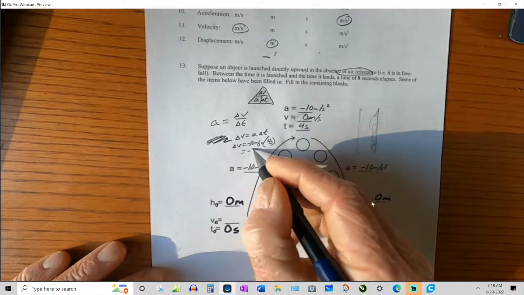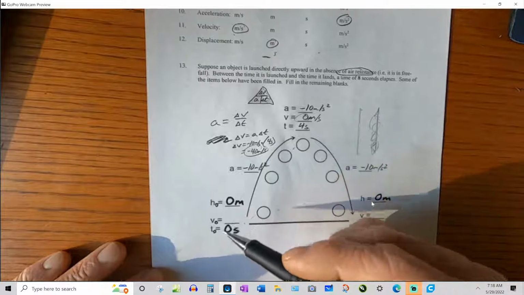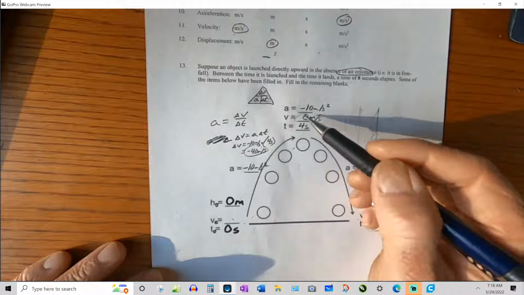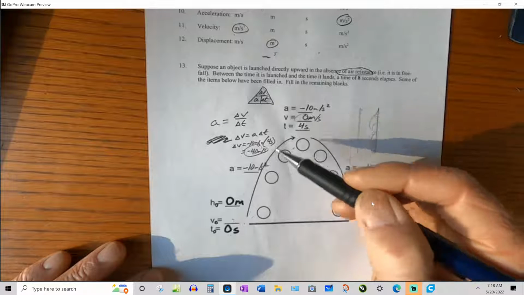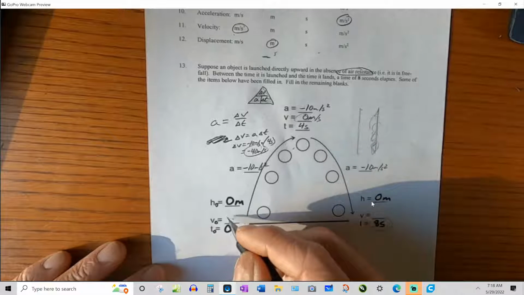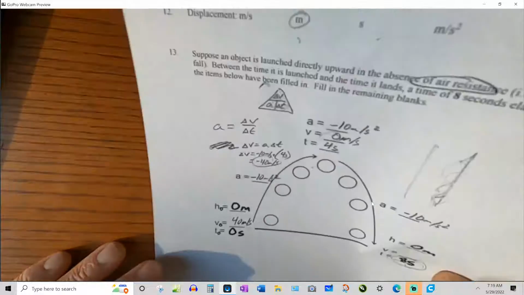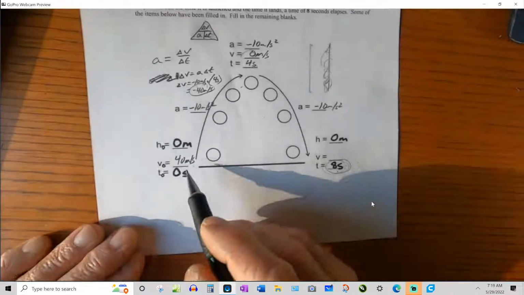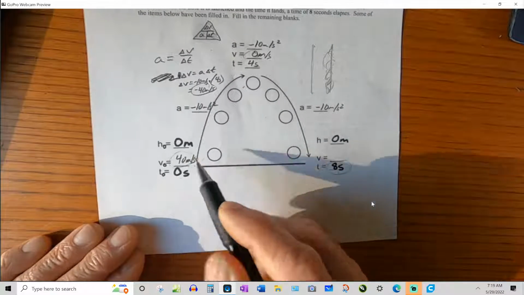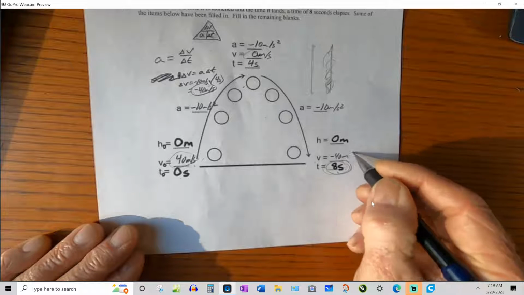So negative 40 meters per second. So that's telling me that the change in velocity from here to here is negative 40. So it's losing 40 to get down to 0, and that means it has to start out at 40. And we know this whole thing is symmetric, so if it goes up at 40 meters per second, it's going to come down at negative 40 meters per second.